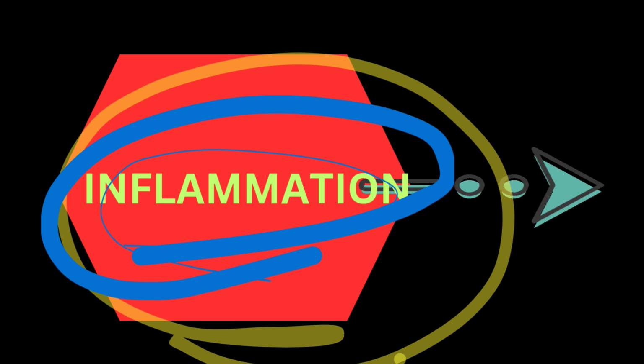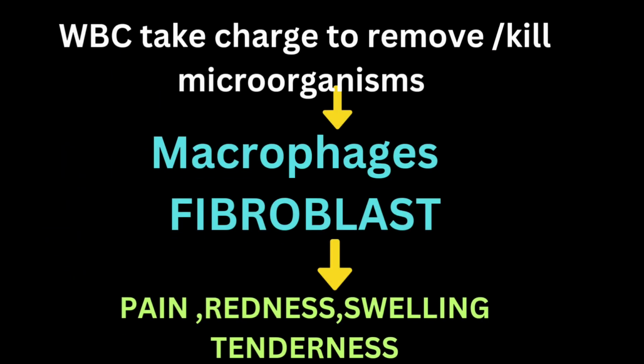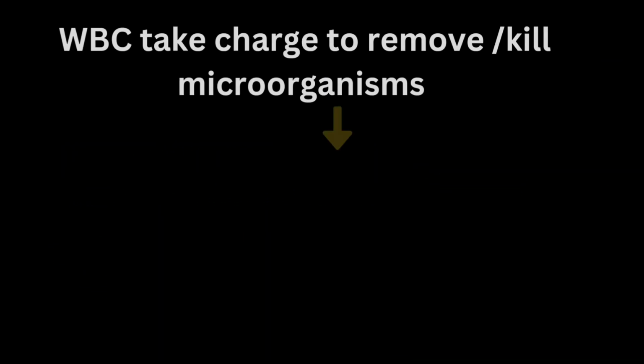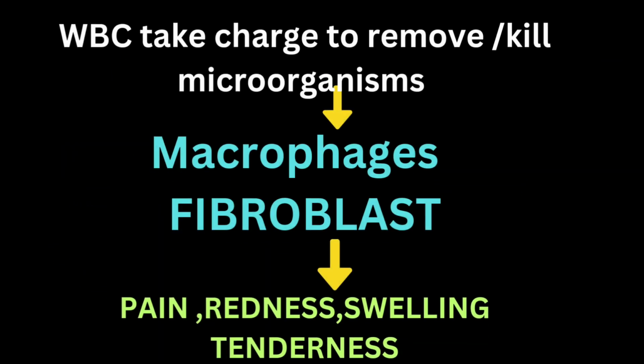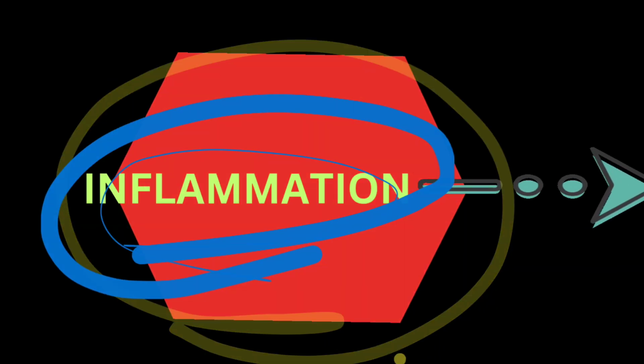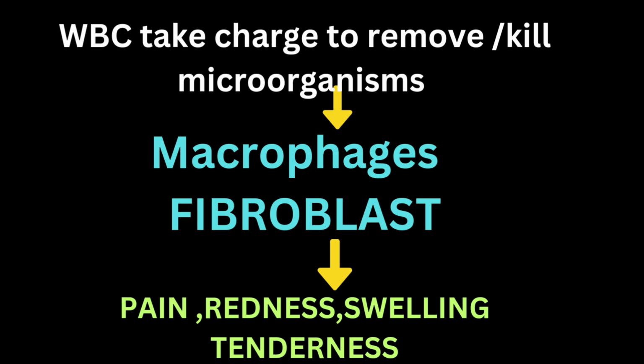First the WBC take charge to remove the microorganisms present there, and how WBC helps is by macrophages. What do macrophages do? Macrophages help in phagocytosis. Whatever the foreign microorganisms or any type of infective things are there, they try to engulf that thing, right?